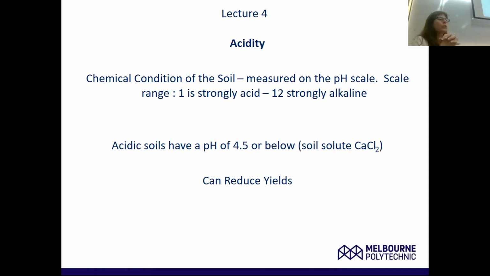Now, most soils in Australia that are farmed commercially usually are somewhere between just north of 5.5 up to about 7.8. 8 is pushing it a bit, to be honest. And if your soil is more alkaline, you'll get different nutrients available to the plant.